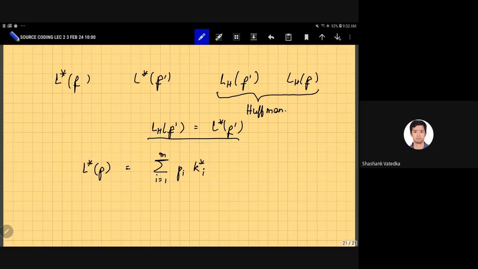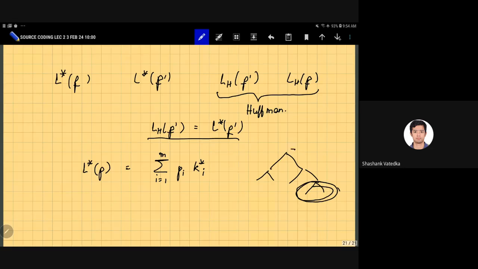Now this corresponds to some code word tree. Let me look at the two least probability symbols. I'll assume that L star of P corresponds to some canonical optimal code. It's not just optimal, it's also canonical, because there always exists an optimal canonical code. So I'll take the two code words corresponding to the two least probability symbols and merge them.